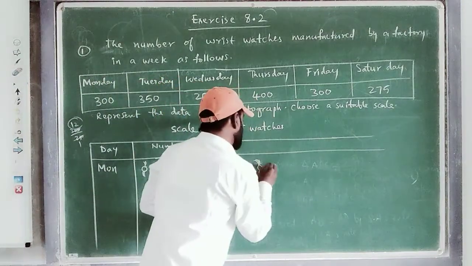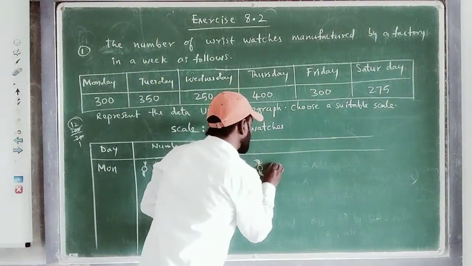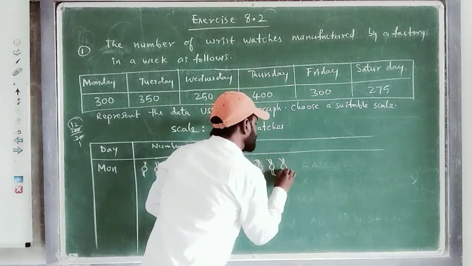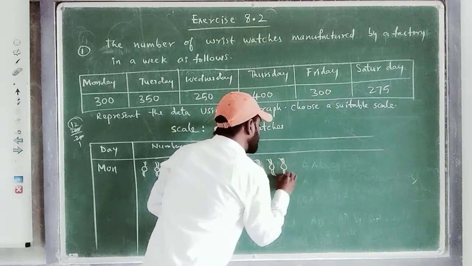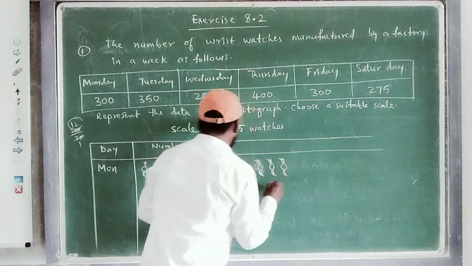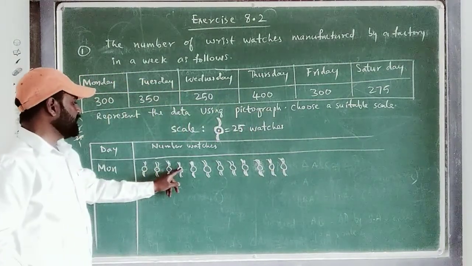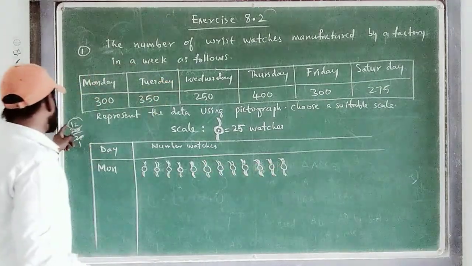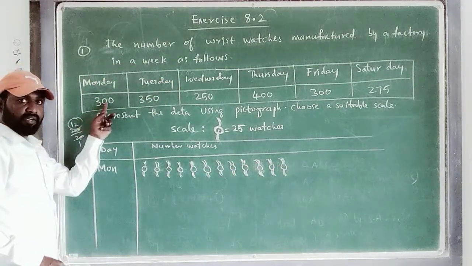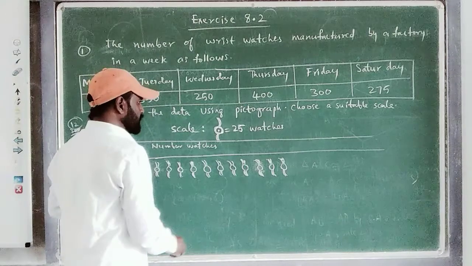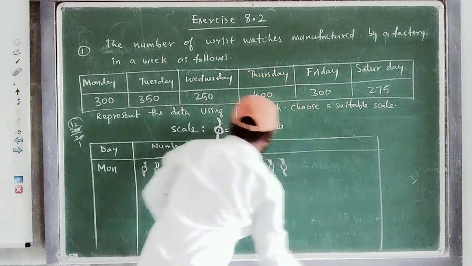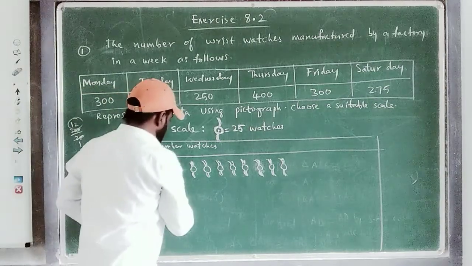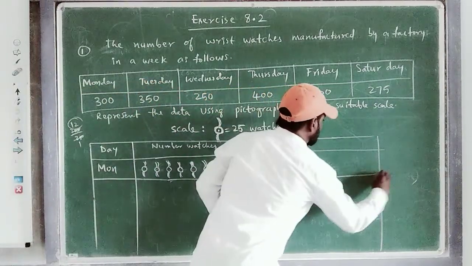Still I have to draw 2 more. So each figure is equal to 25 watches. How many are there? 1, 2, 3, 4, 5, 6, 7, 8, 9, 10, 11, 12. So 12 into 25 is equal to 300. This is Monday; like that, all days up to Saturday we have to show.